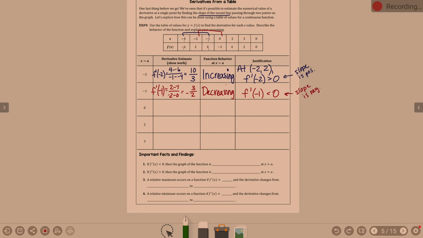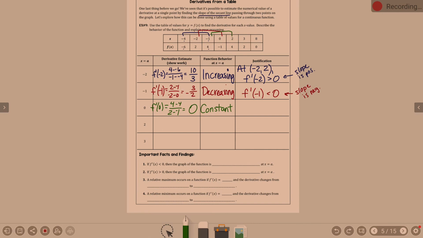At x equals 0. So the derivative, or excuse me, the slope around 0: 4 minus 4 over 2 minus negative 1, and we get what? 0. What do you know when the slope is 0? When the slope is 0, the function is constant, as in the slope of the tangent line is a constant, correct?